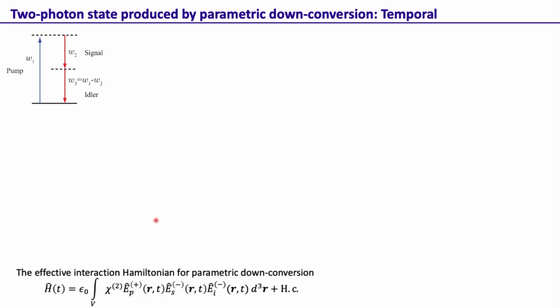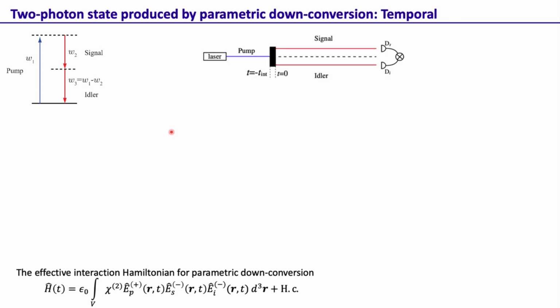Now at this point we will only be interested in the down conversion process where the down conversion happens in a fixed direction. That means signal and idler photons only come out in a fixed direction. Of course, it can be much more general, in that the photons can come out in any direction, but we will first be interested in the temporal effects with these 2 photons. So we are interested in down conversion only in a fixed direction, and we'll fix this direction to be the z direction.